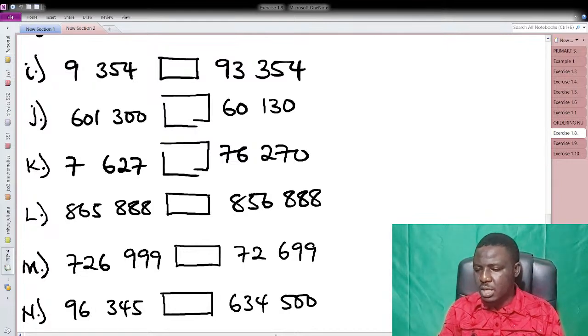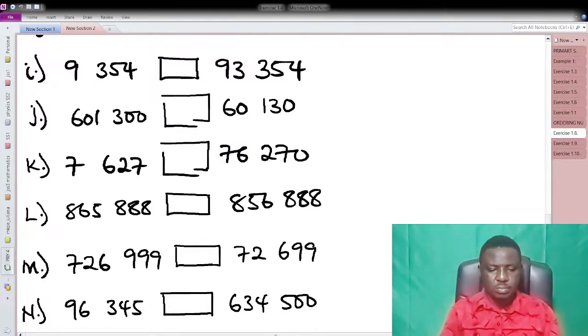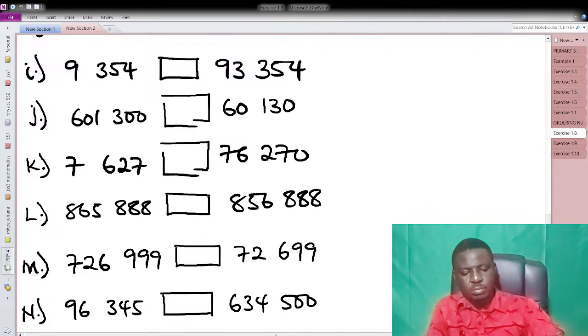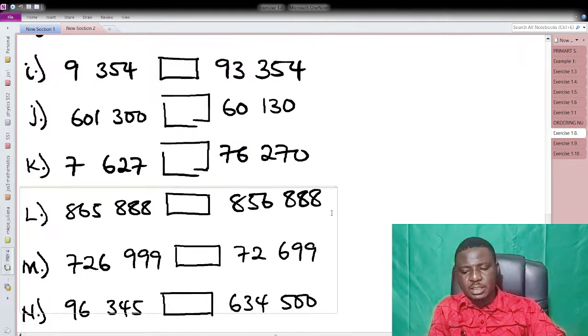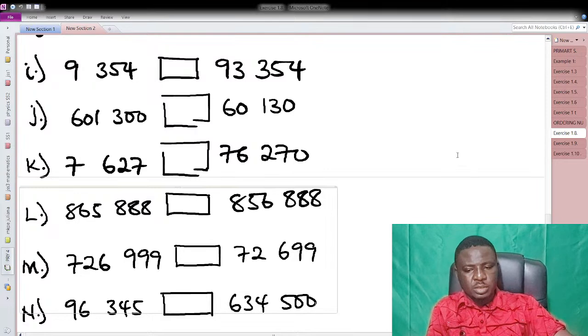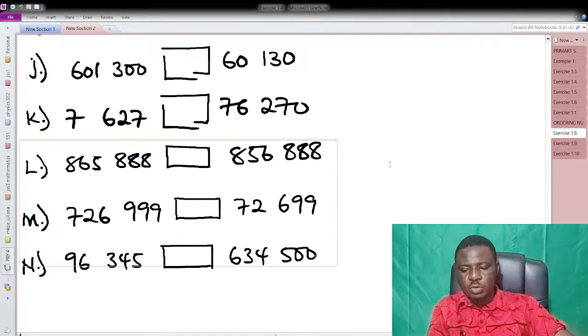Ralph, what's the last answer? Said N is less than. Yes, that's correct. N is less than. Okay? So that shows you are good to go.